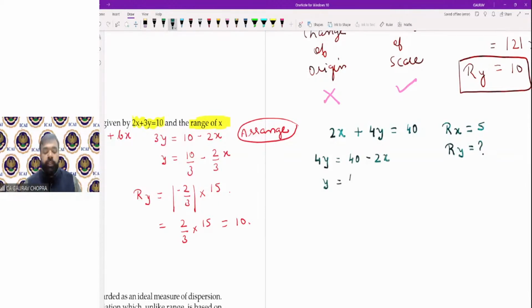Therefore, y is equal to 40 upon 4 minus 2 upon 4x. So 2 upon 4 means 1 by 2. So therefore, the range of y will be 1 upon 2 into range of x. So your answer will be 5 upon 2. So in this way, you can easily calculate the range of y. Right?